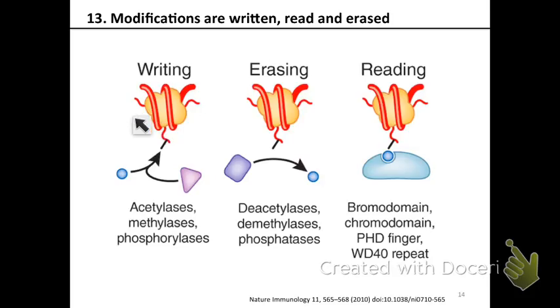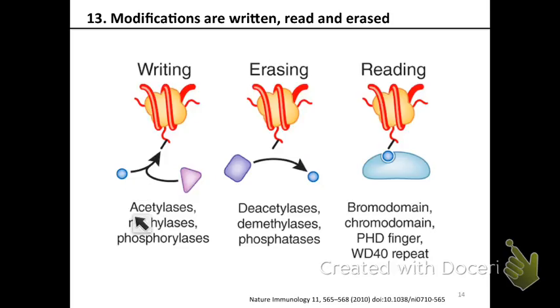So you have a nucleosome right here. You have the histone tails sticking out. And I said that there are protein complexes containing enzymes that are going to modify, that means just add a little chemical molecule to these tails. And these enzymes can come in different flavors.